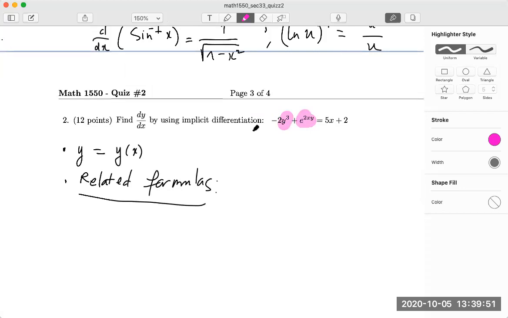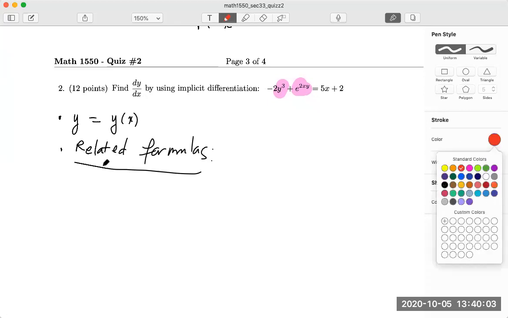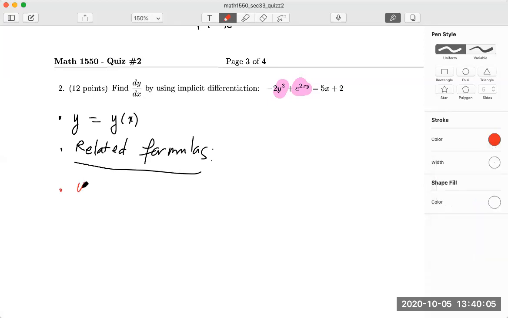First, it is y cubed, where y is a function of x, right? So it means that we need to use the formula u to the n. And what is the derivative of u to the n?